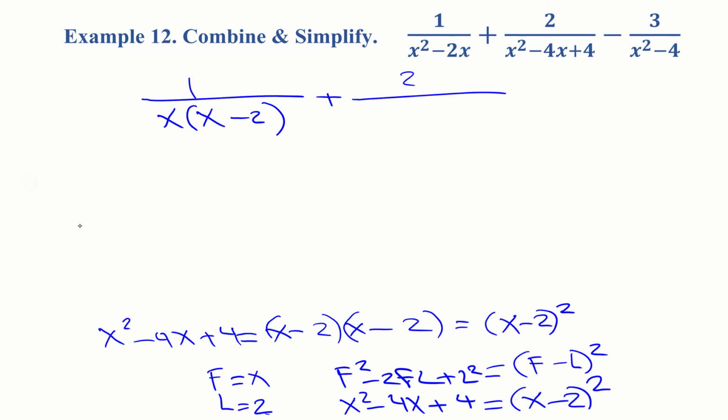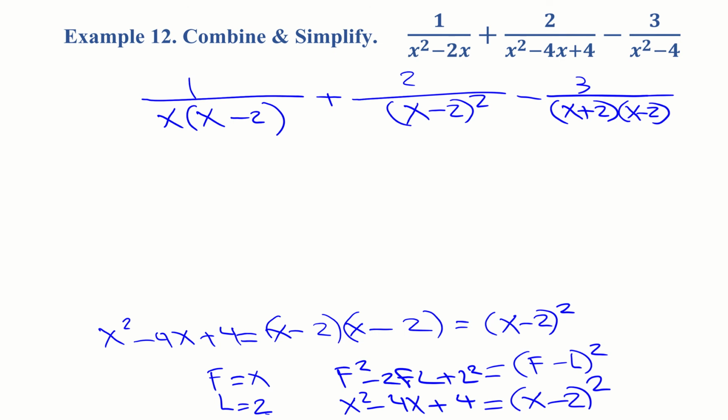All right, so the middle fraction is quantity x minus 2 squared at the denominator position. And also the last one, we notice it's a difference of squares. That one, I hope you have it really down by now. That's just going to factor as x plus 2 times x minus 2.